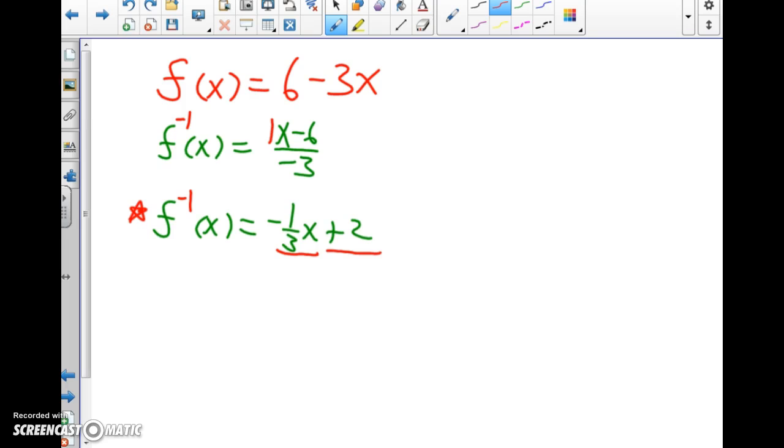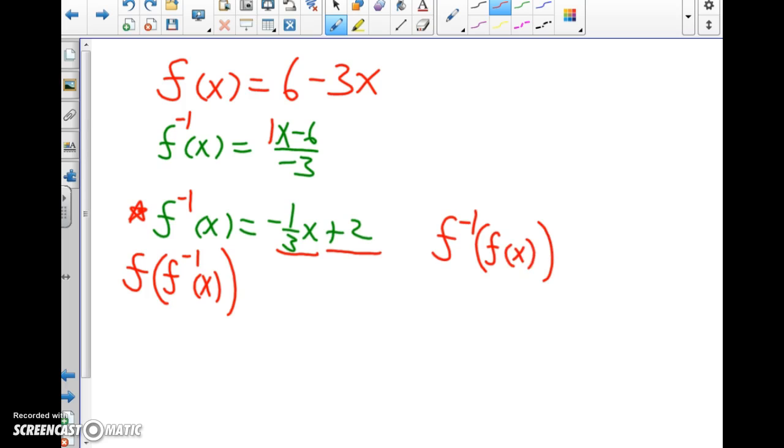To prove this is an inverse, what you do is this. You have to figure out what is f of negative 1 of x, and you also have to show what is f of negative 1 of f of x. Okay, you have to show me what those two things equal.